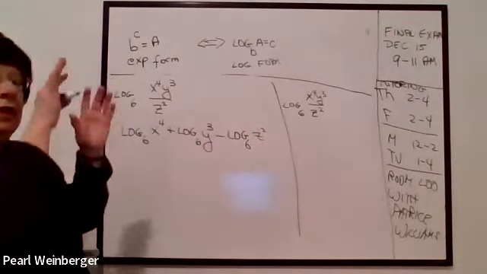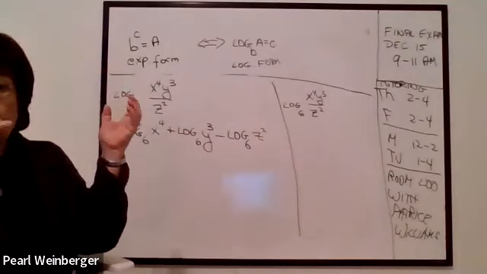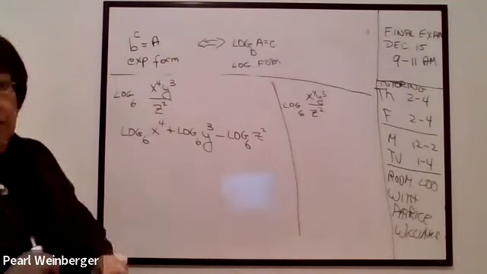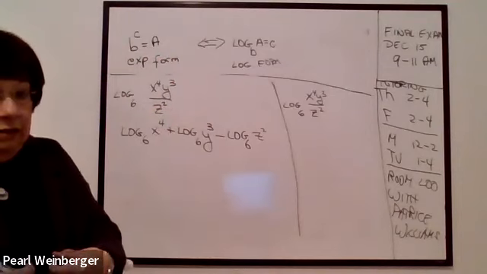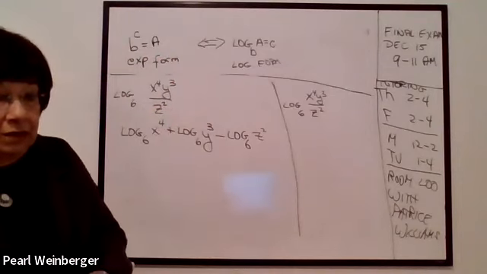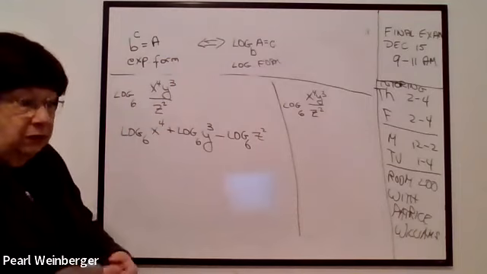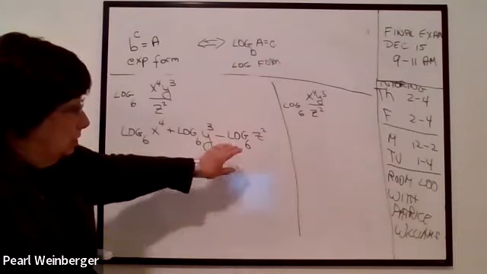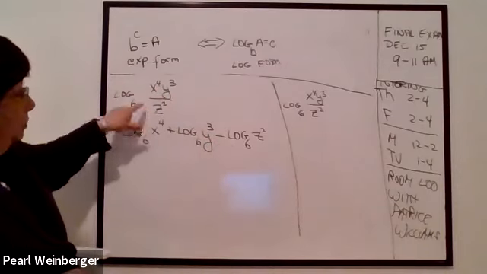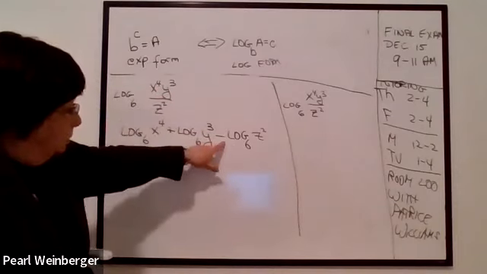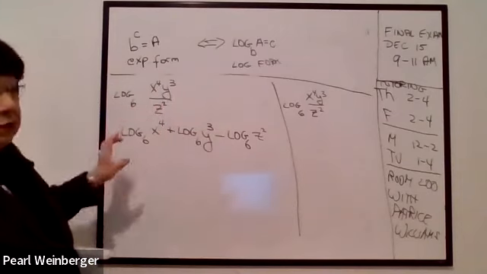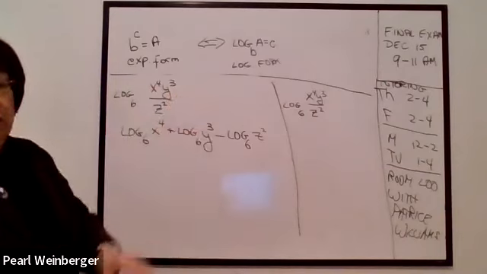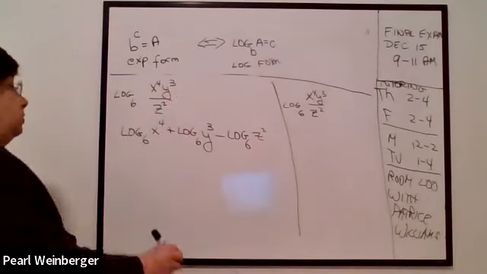Keep in mind, anything that's in the numerator will be a positive log, and anything that's in the denominator will be a negative log because you're dividing by it. So this one was negative, but these two were positive. The only other thing we have to do is take each of the exponents and make them coefficients.